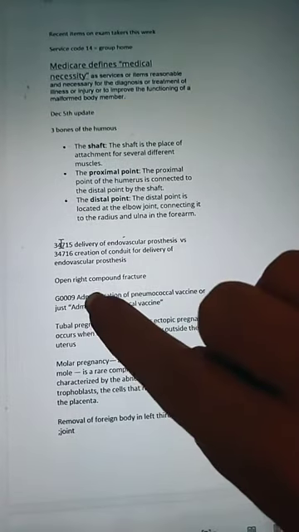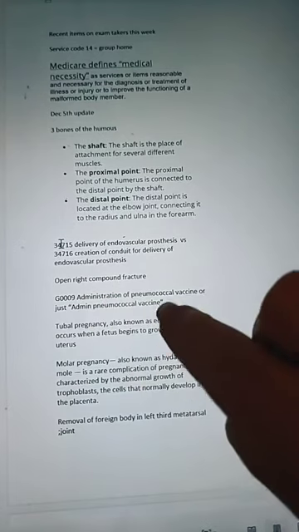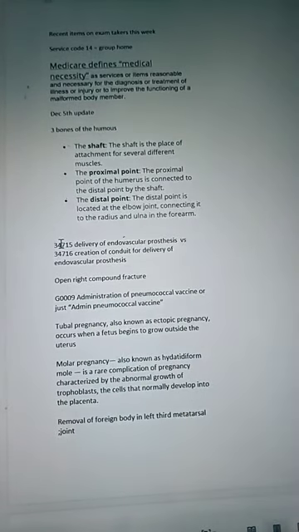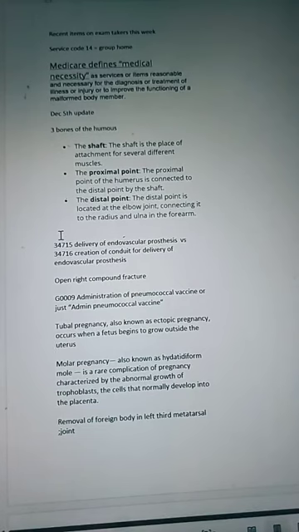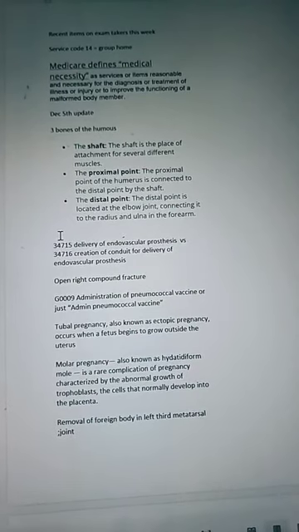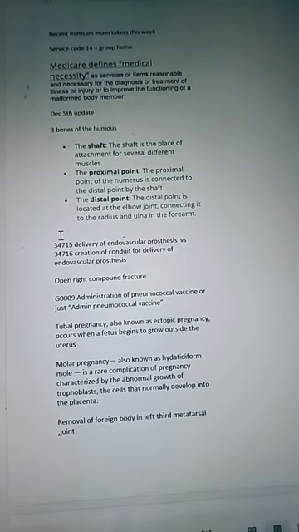The 34716 is creation. So the difference here is on 34715, we're just delivering an endovascular prosthetic. On 34716, we're creating a conduit for delivery of an endovascular prosthetic. So one of them is delivery, one of them is creation.